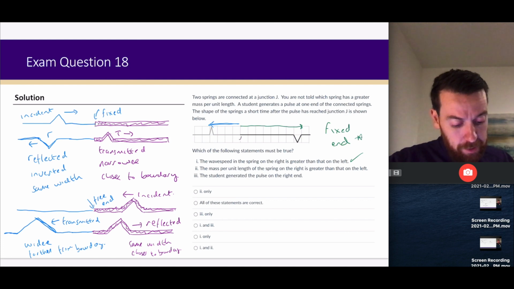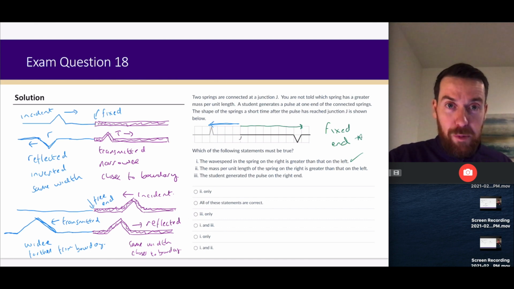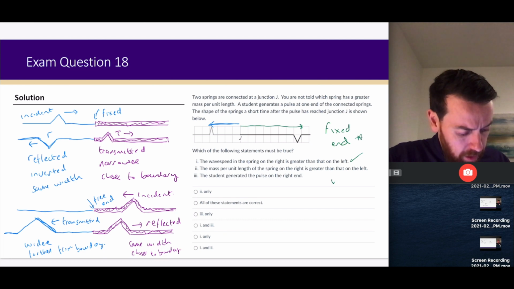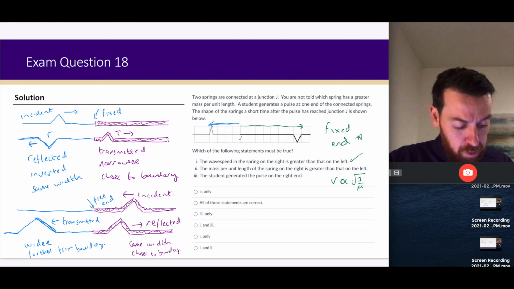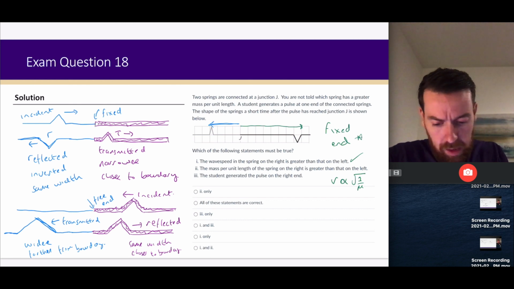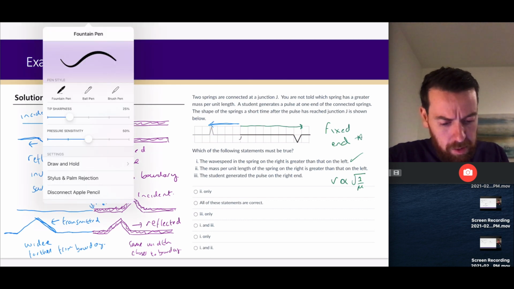The mass per unit length on the spring on the right is greater than that on the left. That's a statement that's incorrect. We know that wave speed is inversely proportional to the square root of the linear mass density mu, because we know the tensions are the same in both strings. So 2 is not a correct statement.